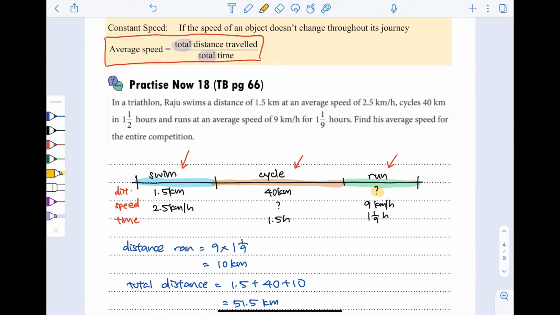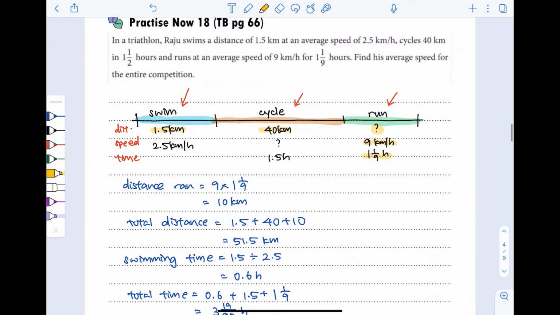We have only the distance that he swam and the distance that he cycled. We need to find out the distance that he ran, and we can find it out since we are given the speed and the time that he ran. So the distance ran is calculated to be 10 kilometers, and that will help us to find out the total distance to be 51.5 kilometers.